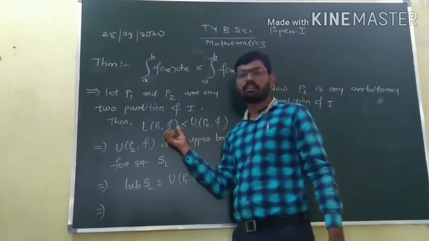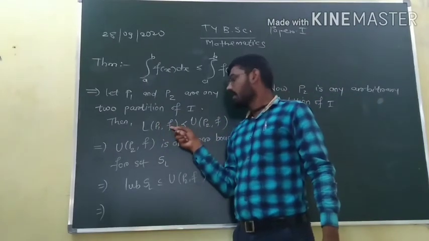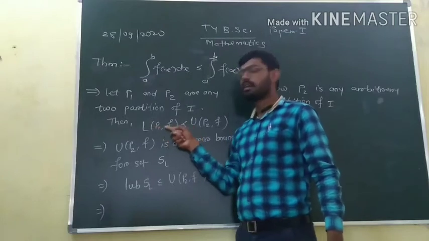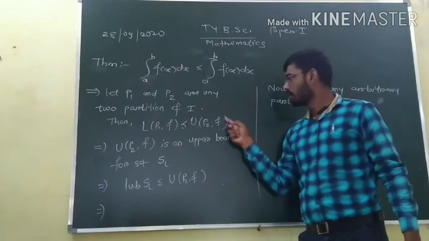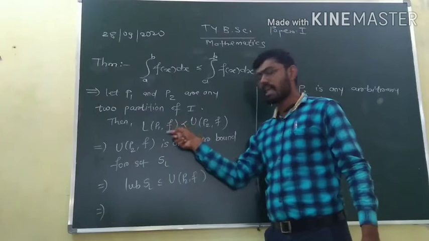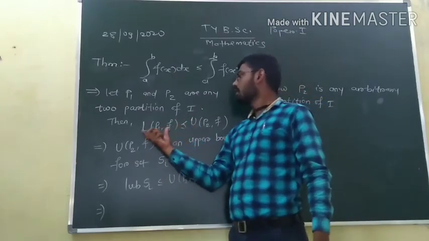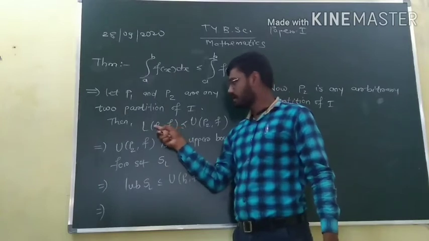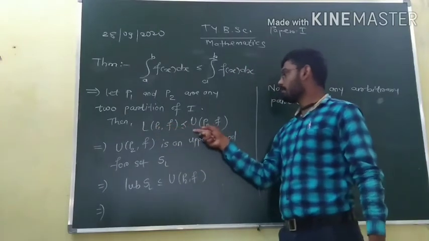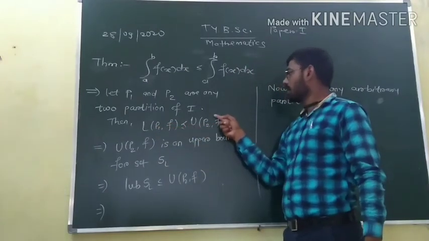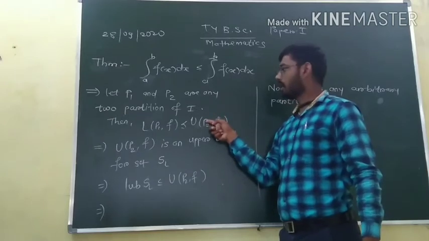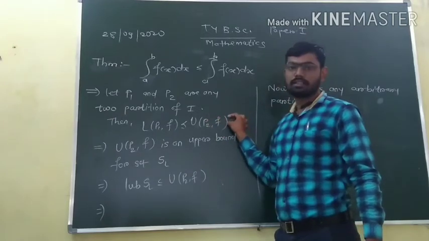We know this condition. So what is the condition? The lower sum is always less than or equal to the upper sum for the same function f for any partition. So this implies the lower sum of f corresponding to partition P1 is always less than or equal to the upper sum of the same function f with partition P2. This is the important condition.